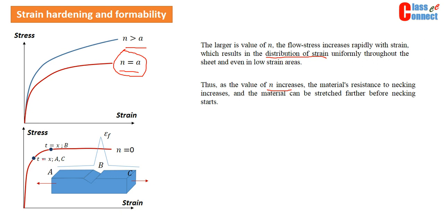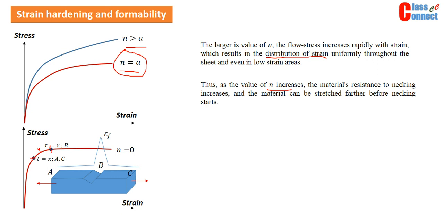Let us take one instant at time t equal to x. The stress induced at points A and C, let us say, is given by this point, and let us take that the stress at point B reaches this. So let us say somewhere here we have the yield point. So this point is below the yield point and this point is beyond the yield point.